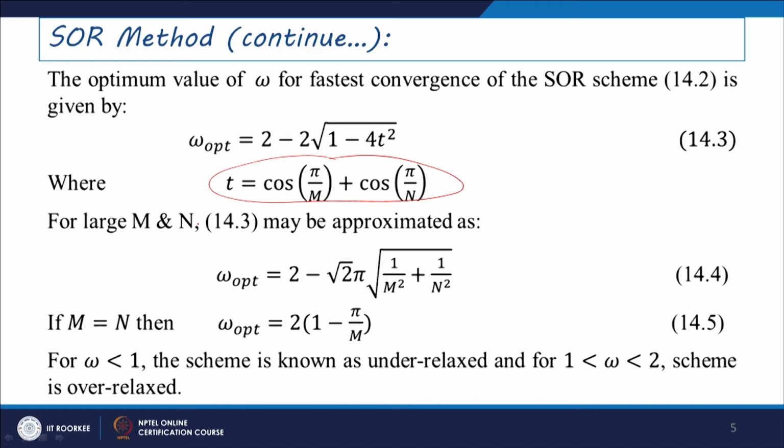And for large m and n, this term will vary as 2 minus square root of 2 pi times square root of 1 by m square plus 1 by n square.